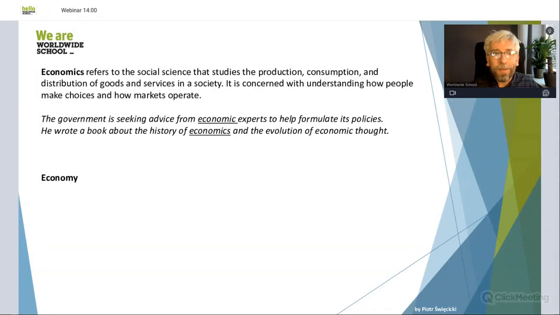Two examples. The government is seeking advice from economic experts to help formulate its policies. He wrote a book about the history of economics and the evolution of economic thought. So economics, right? Economics is the science.